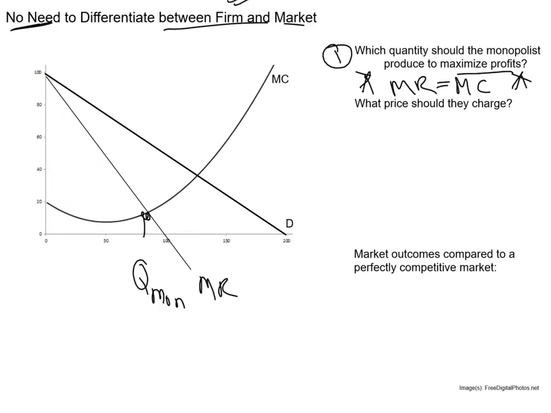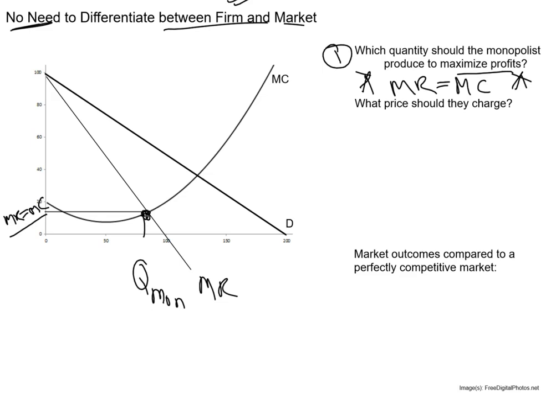So again, to review, I have the marginal revenue, which has the same vertical intercept as the demand but is twice as steep. I've got my U-shaped marginal cost curve. Where they intersect, that's the quantity the monopolist should produce to maximize profit. But now this is what I want to look at: if I take this intersection point right there, what am I actually measuring? It's the intersection of two curves, marginal revenue and marginal cost, and those two things are equal to each other.